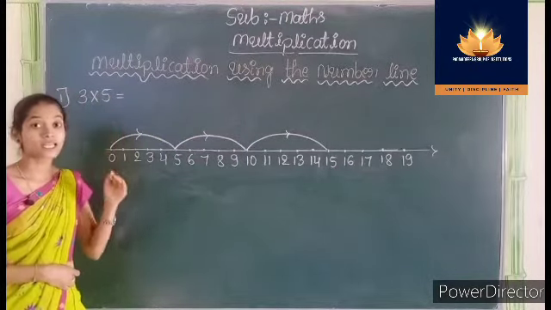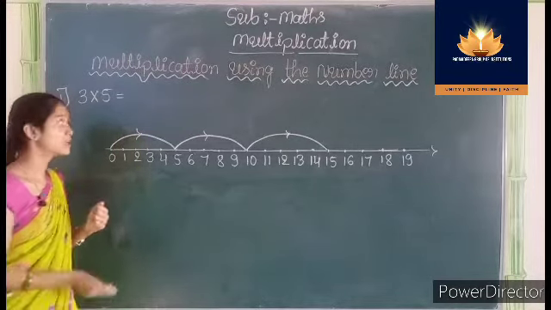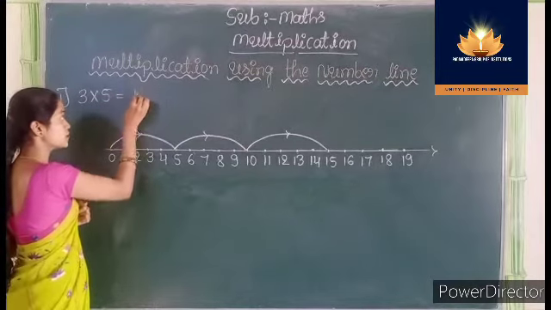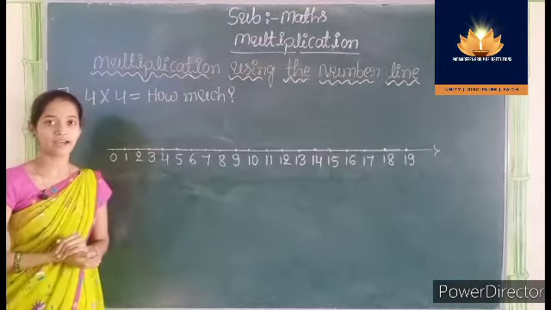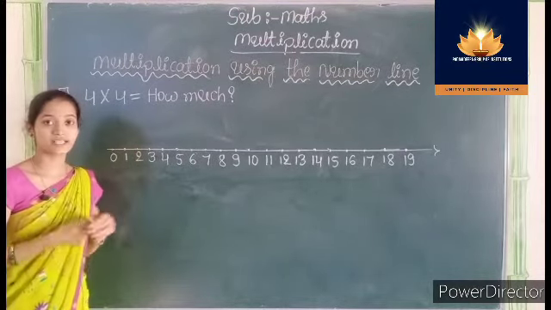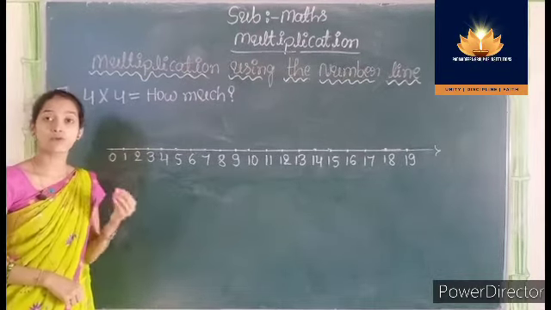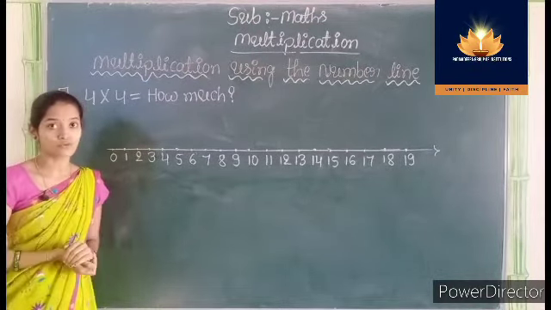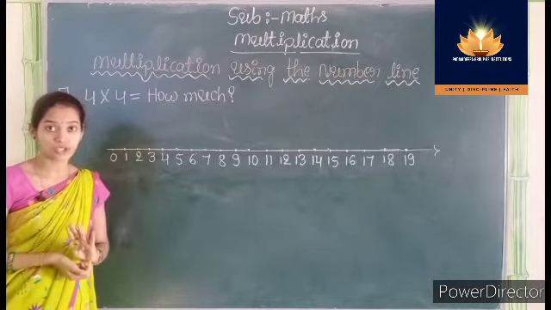That means 3 times 5 is equal to 15. 3 into 5 is equal to 15. Now we have to find out 4 into 4 is equal to how much using this number line. 4 into 4 means 4 jumps of 4. That means we have to perform 4 jumps.